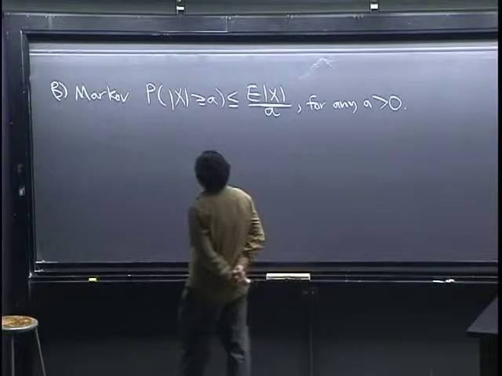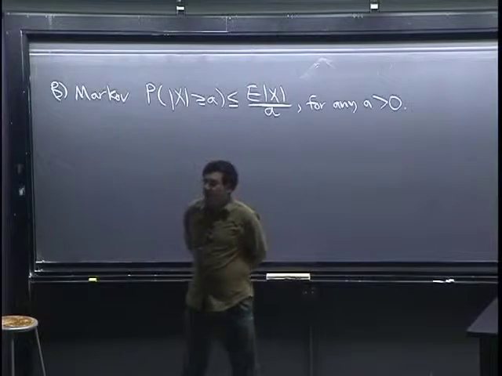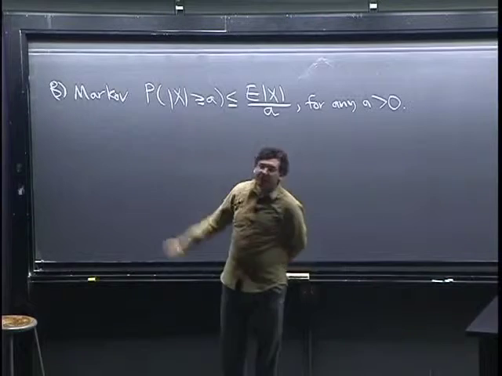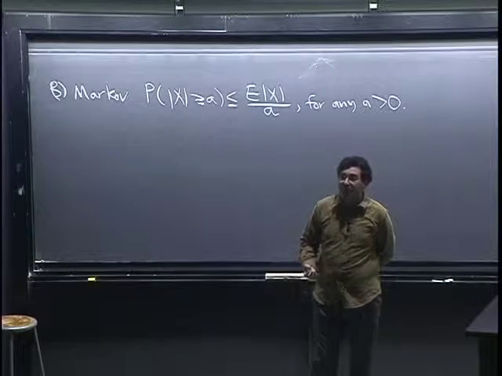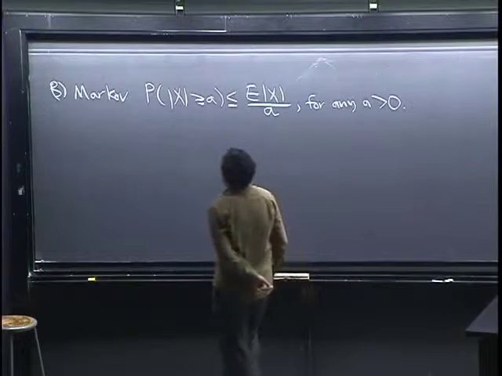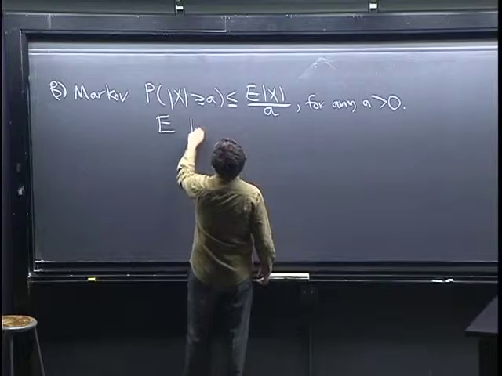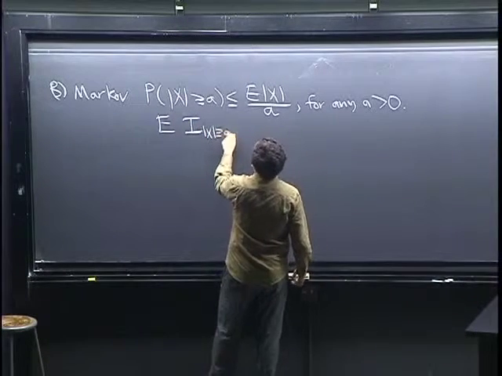The proof is basically to use the fundamental bridge, so I'm going to convert this probability of an event. It's the same as the expected value of the indicator of that event. So that's the same thing as the expected value of the indicator of absolute value of X greater than or equal to a.